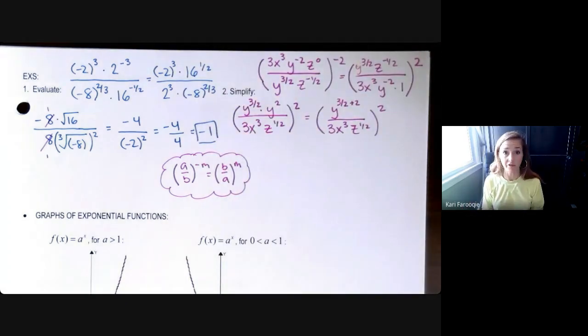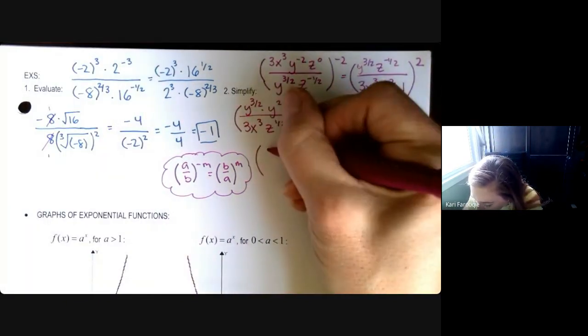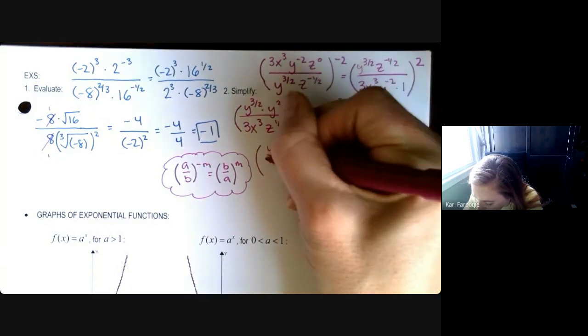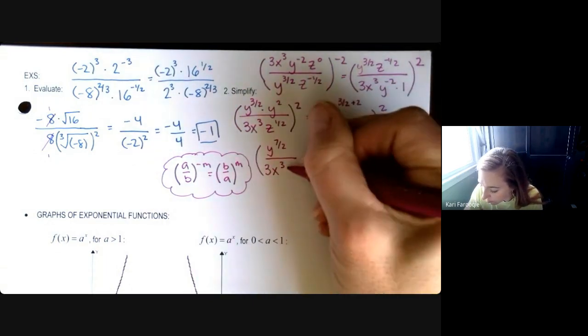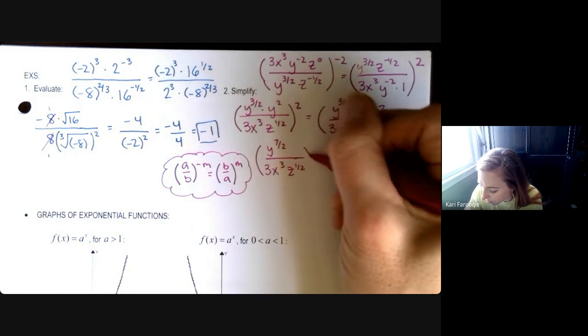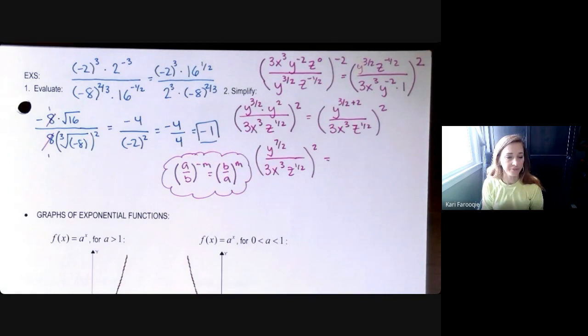So we can simplify that. 3/2 plus 2 is 1.5 plus 2, which is 3.5, or 7/2. 3/2 plus 4/2 is 7/2. So we'll rewrite this again. So we have y to the 7/2 divided by 3x cubed, z to the 1/2, and that whole thing is being taken to the second power.